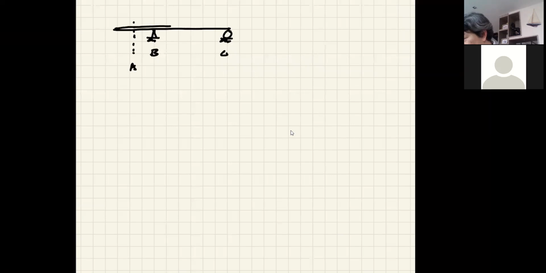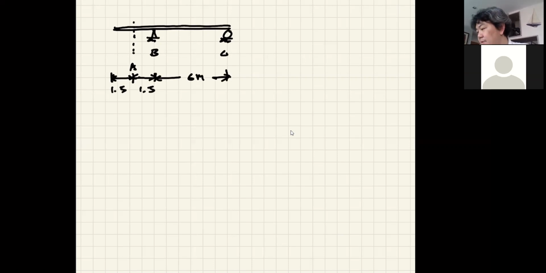Let me give you some dimensions. Actually, we're not going to do something like this for an indeterminate structure, but just for the review, let's do it. 1.5 meters and 1.5 meters. This is 6 meters.